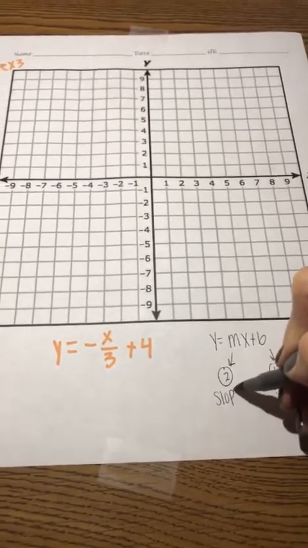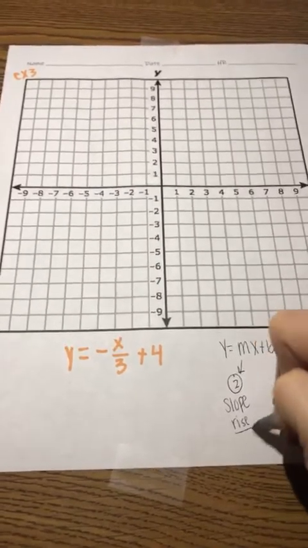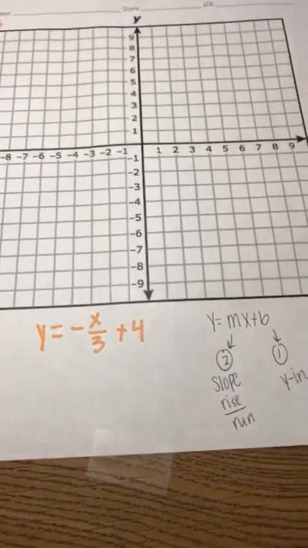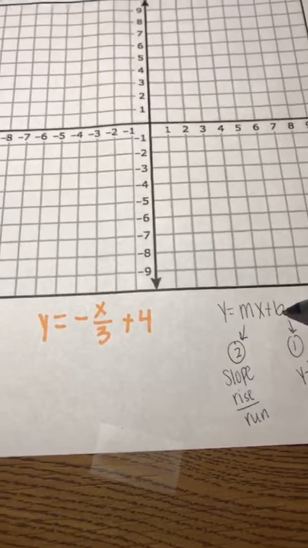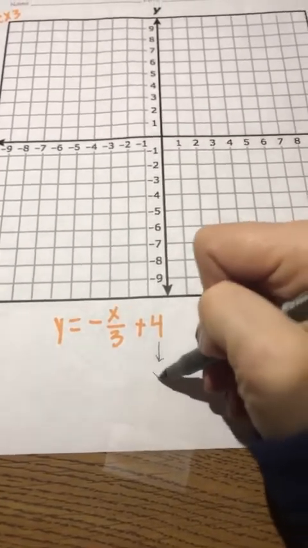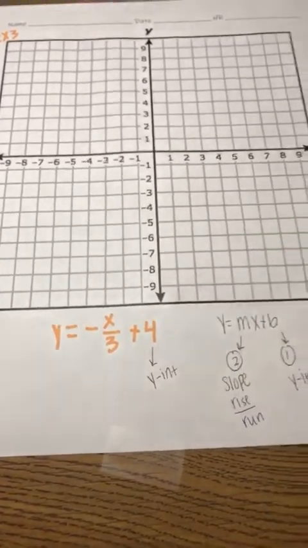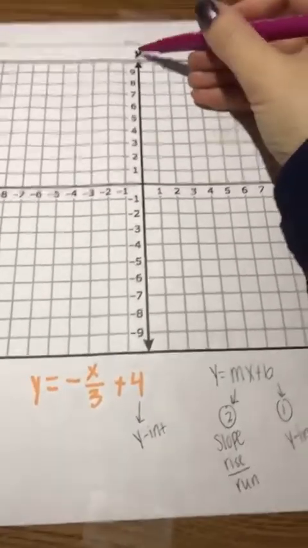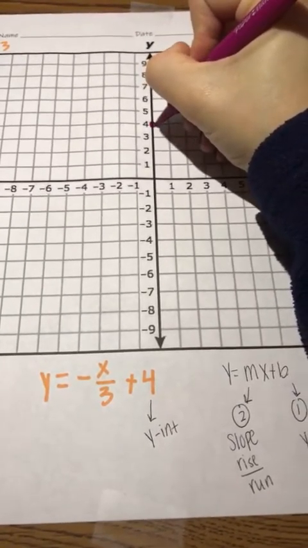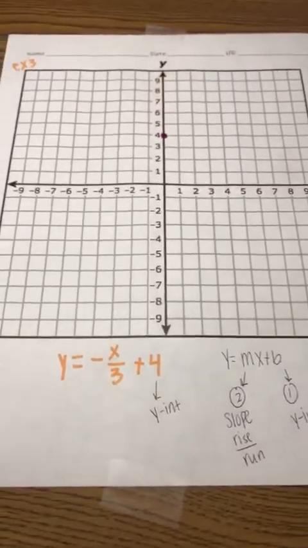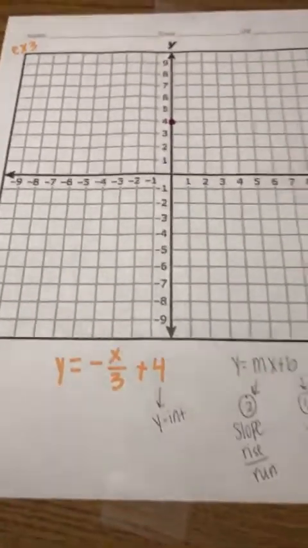That's your slope, and that's rise over run. My first step is whatever is not attached to the x. That's going to be my y-intercept, and I see that that's positive 4. So on the y-axis, I'm going to go to positive 4 and put my first point there. This is my y-intercept. This is my starting point.